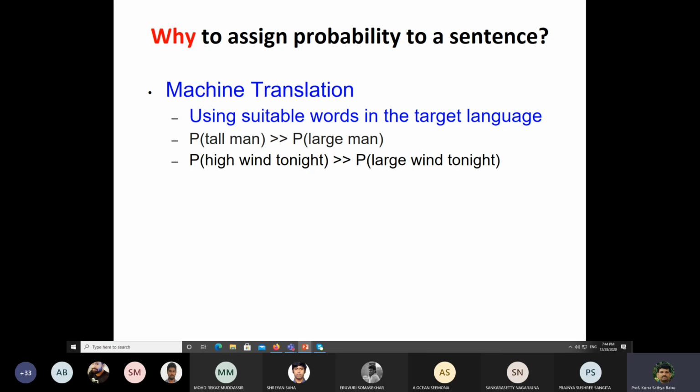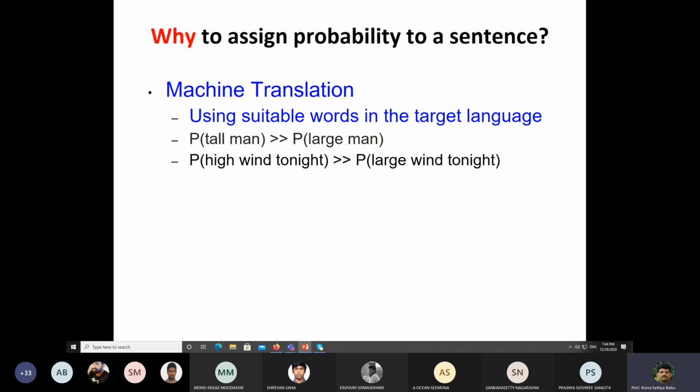But in the context, what should we use in the process of language translation? In some languages, there may be a word which reflects both tall and large.